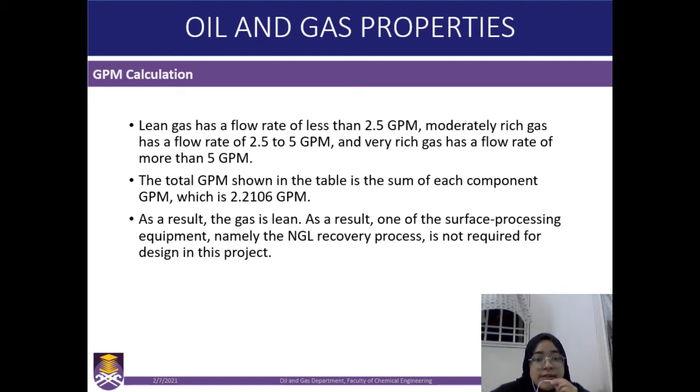So as a result, one of the surface processing equipment, namely the NGL recovery process, is not required for design in this project, as the gas is lean gas compared to moderately rich gas, which has a flow rate of 2.5 to 5 GPM, or a very rich gas which has a rate of more than 5 GPM.